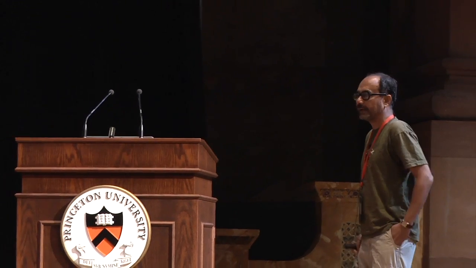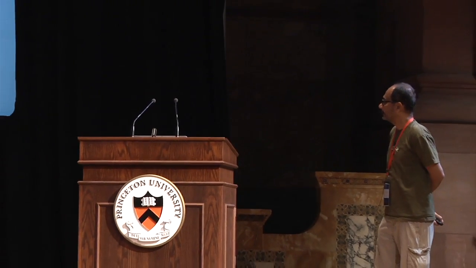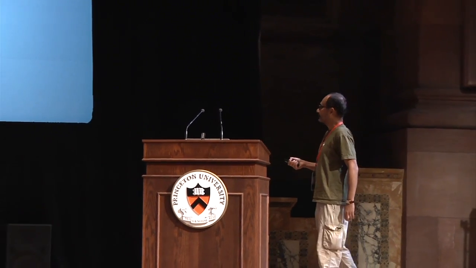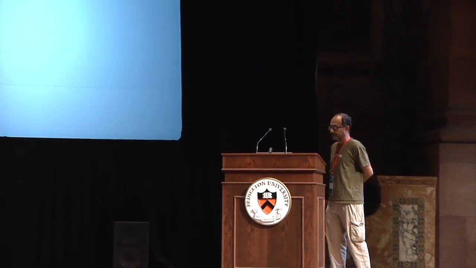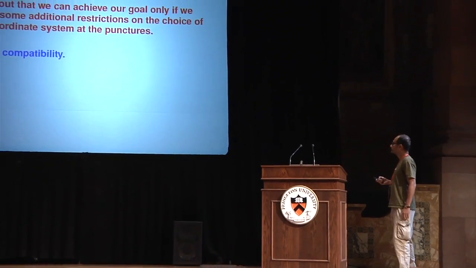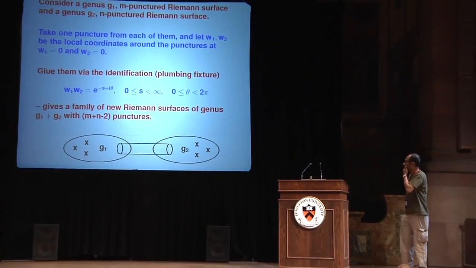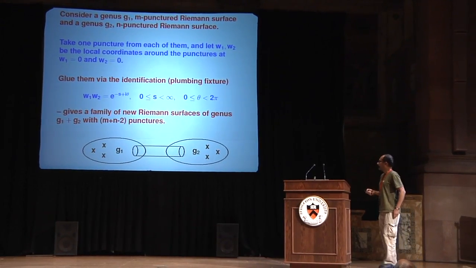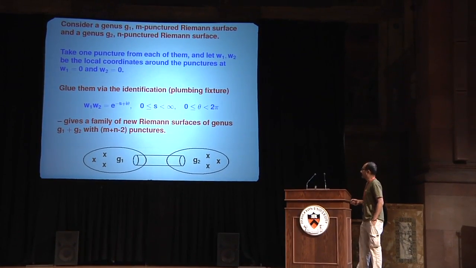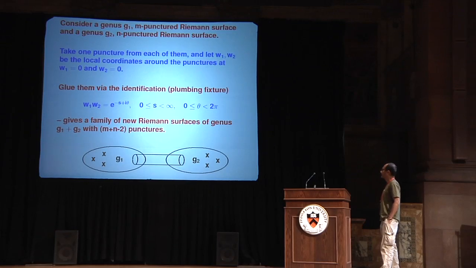We cannot work with arbitrary choice of local coordinate system at the punctures, and this additional condition is what we will call gluing compatibility. So, on the next slide I will explain what gluing compatibility means.